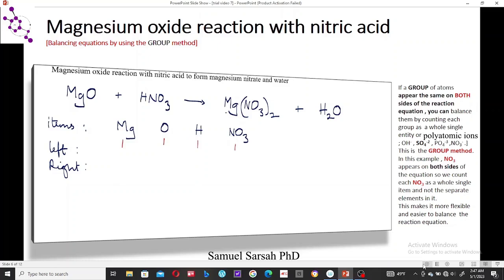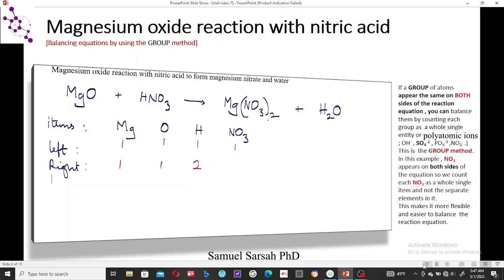Now on the right side, which is the whole of this side, we have one magnesium, and then the oxygen, I'm referring to this oxygen, we have only one. And the hydrogens, we have two.